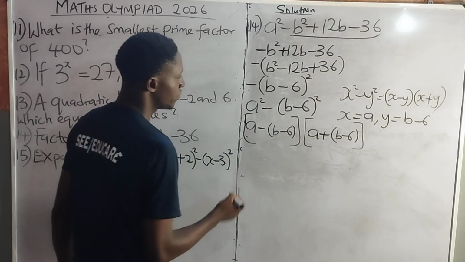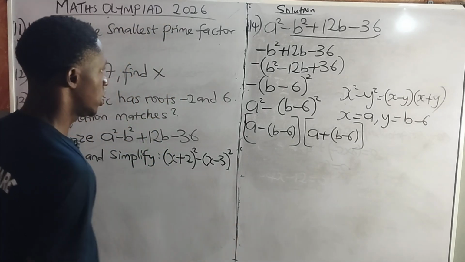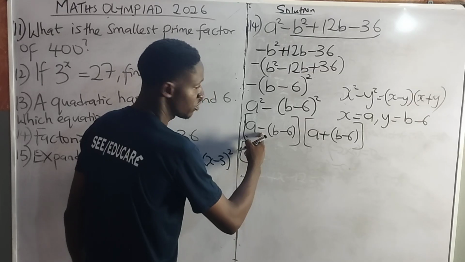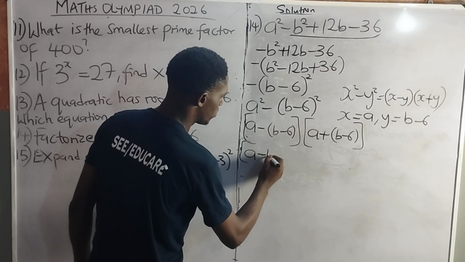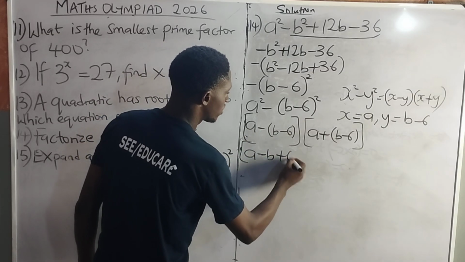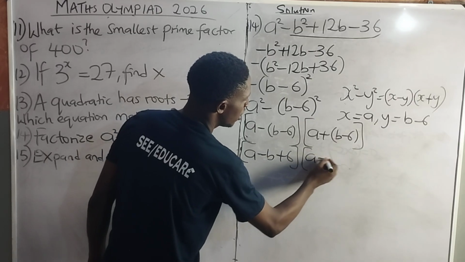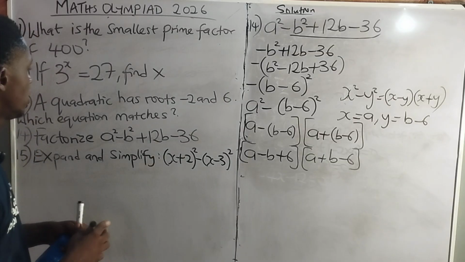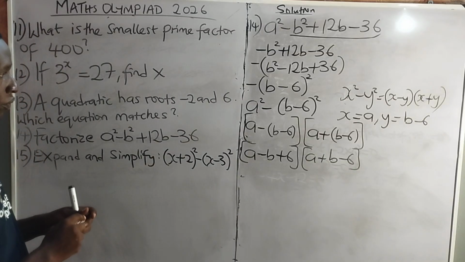Then you close it. Then going by this, we have a, let's use the minus to open. Minus times b is minus b. Minus times 6 is plus 6. Bracket a plus b minus 6. And that is the answer in its factorized form.